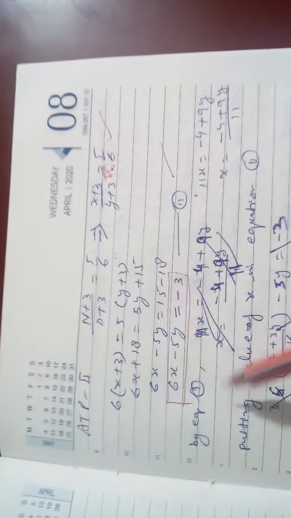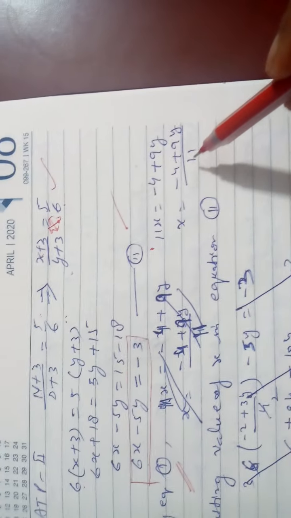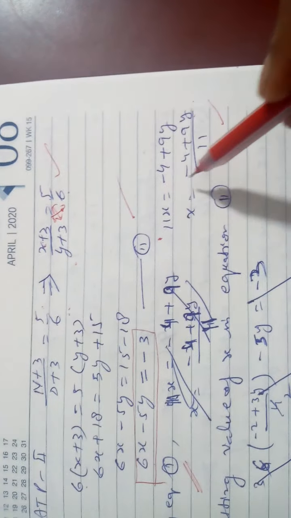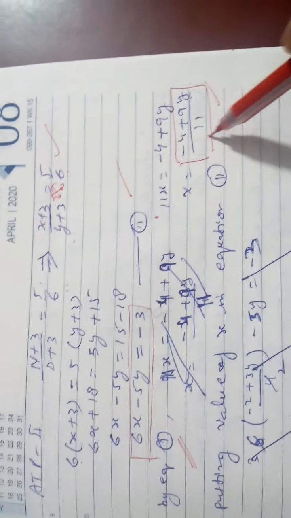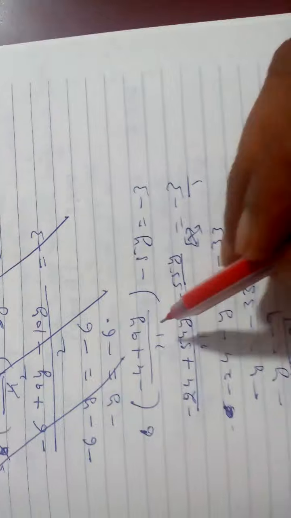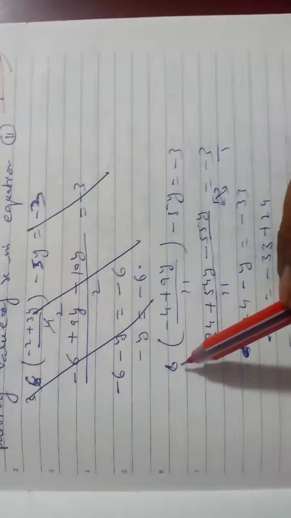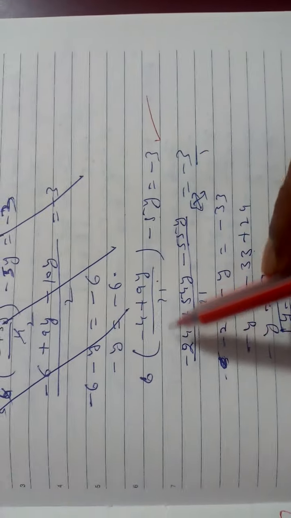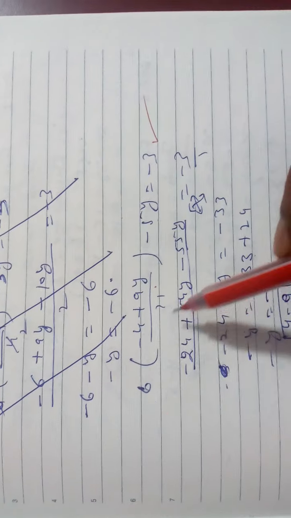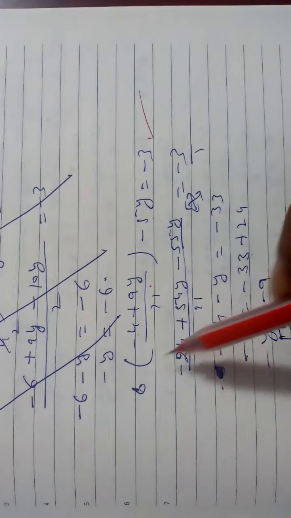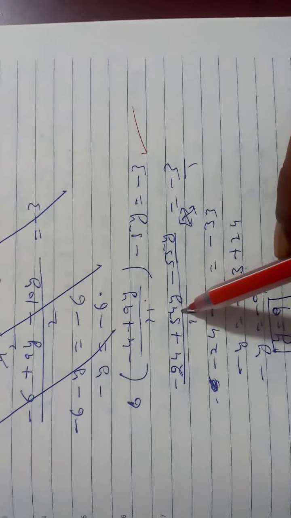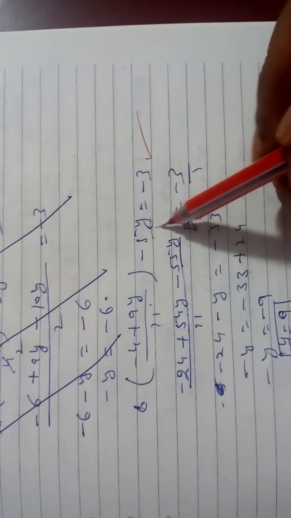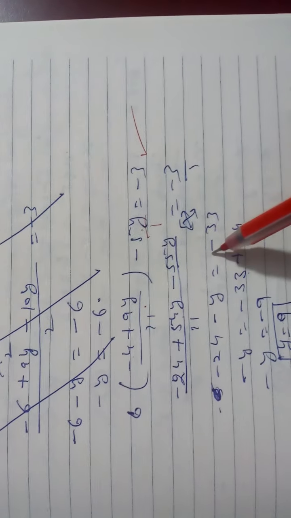Now by equation 1, x is equal to minus 4 plus 9y upon 11. This value you will put in equation number 2. 6 into this minus 5y is minus 3. 6 into minus 4 is minus 24, 6 into 9 is 54. Taking the LCM, 11 into 5 is 55.